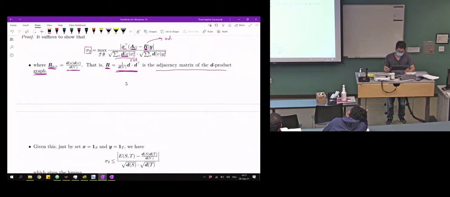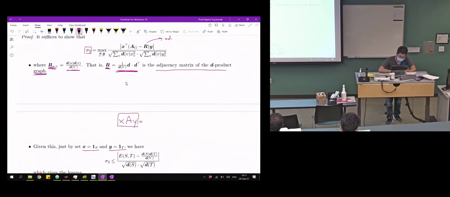Why is that? If you look at this expression and take x to be the vector for a set S and y to be the vector for a set T, then you just plug it in, right? This is exactly the number of edges between S and T. This is the total weight of edges between S and T in the D product graph.